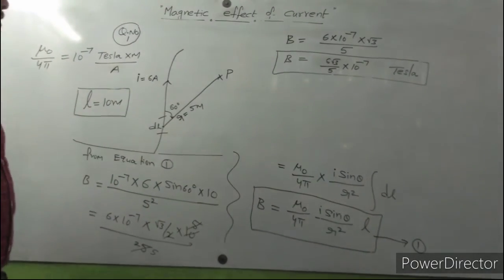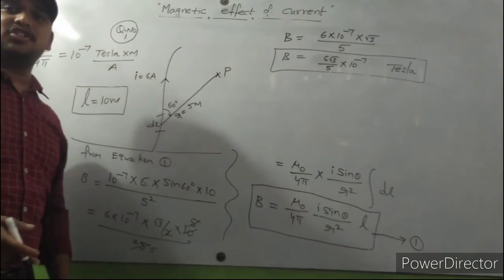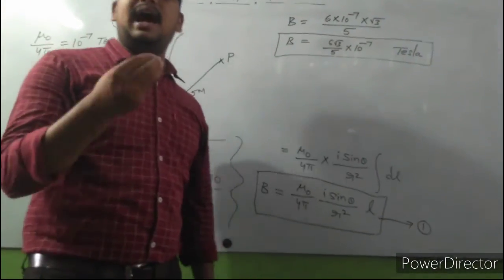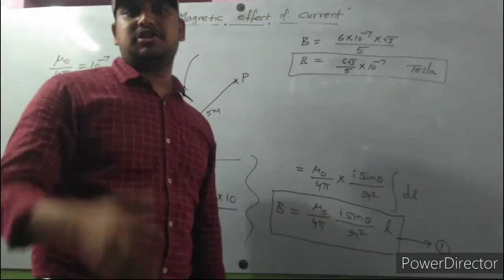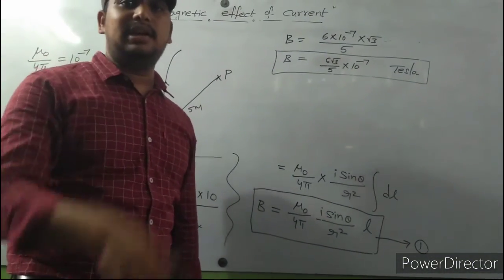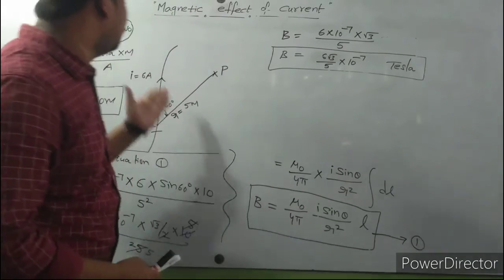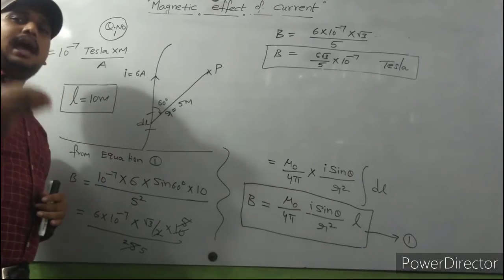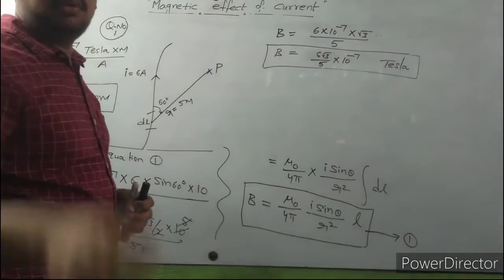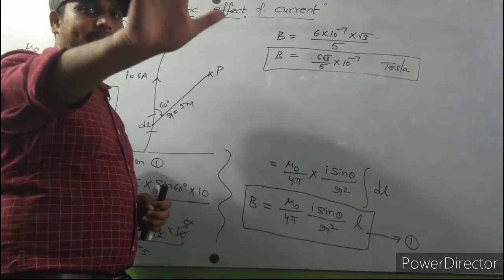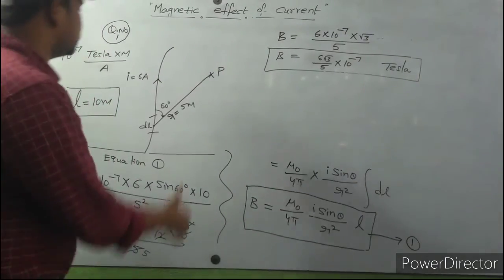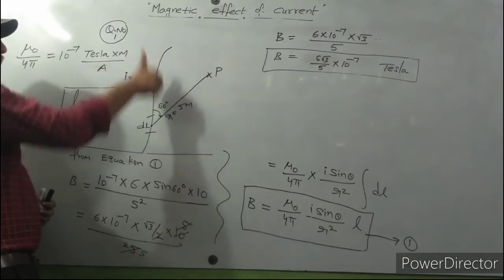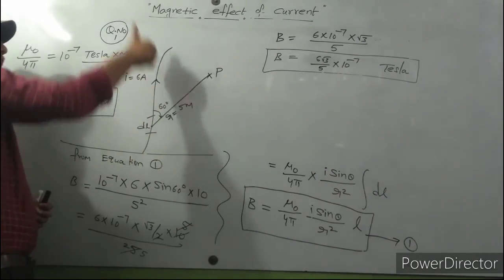And the direction? How to find the direction of magnetic field? You already know we had some rules for finding the direction of magnetic field. The first rule is, if you know the direction of current, it is easy to find the direction of magnetic field by using Ampere's right hand thumb rule. The thumb indicates the direction of current and the curling fingers indicate the direction of magnetic field. Current passes in the upward direction.